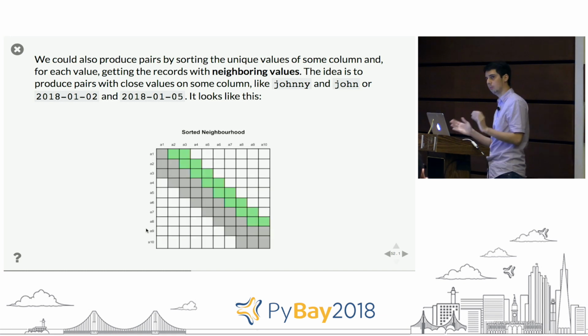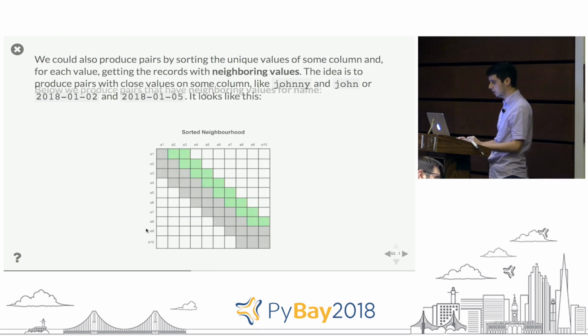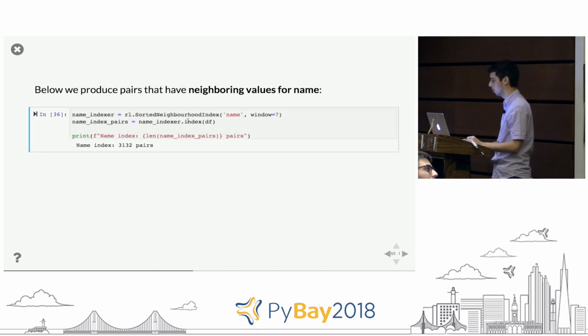So it's more flexible than standard blocking, and it can get slight variations on values. If I do that on the name, I'll get a sorted neighborhood index for name with window 7. So I'll get 3 values ahead and 3 values before for the name. And I produce the pairs, I get 3,000 pairs.